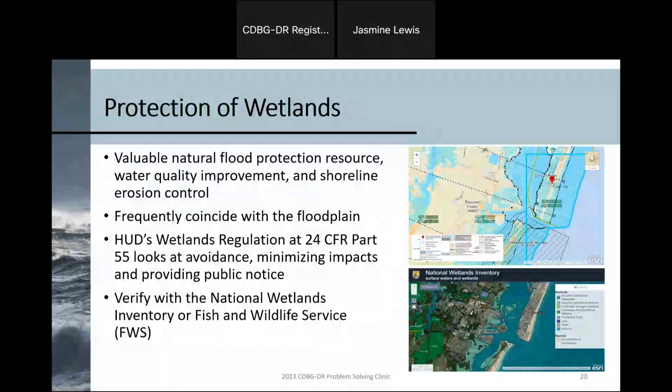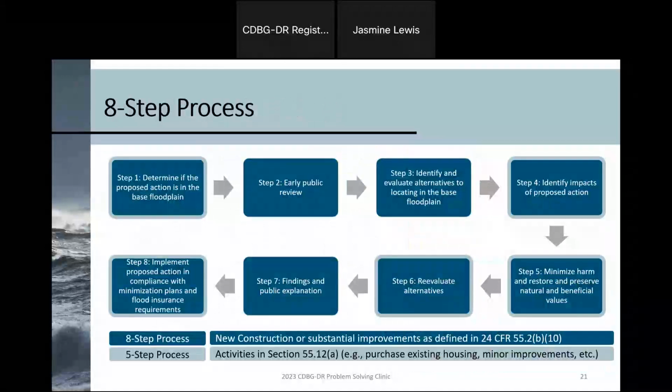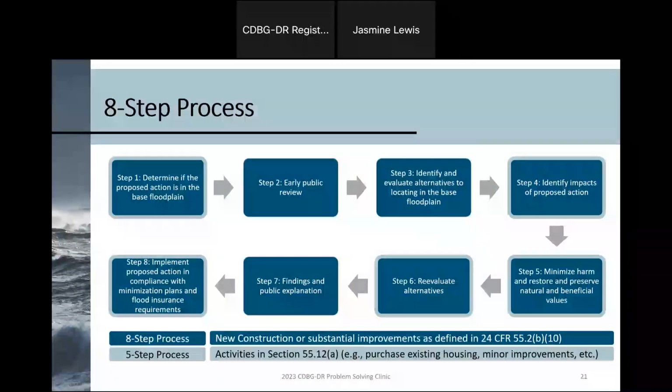And that's no surprise, due to the nature of wetlands and the resiliency they have to help protect against flooding. So what do you do when you have a project that's potentially in the wetlands or the floodplain? The answer really depends on your scope of work.